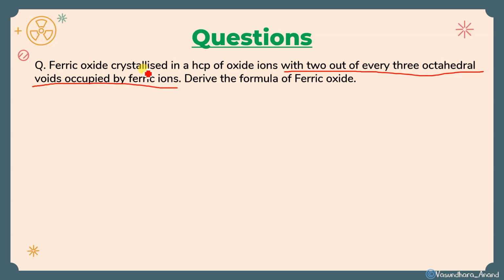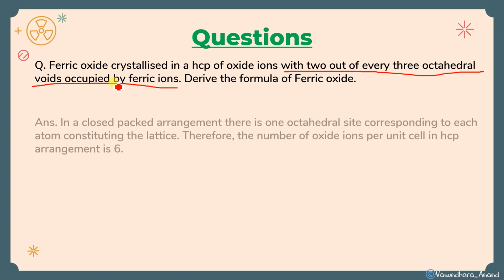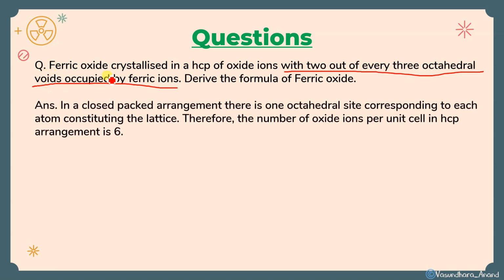Okay, let's do this. Ferric oxide crystallizes, and now we have to make the formula. In a close packed arrangement, there is one octahedral site corresponding to each atom constituting the lattice. This one is clear. Therefore, the number of oxide ions per unit cell in HCP.